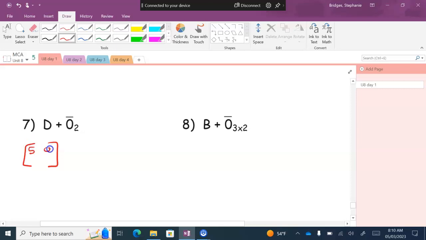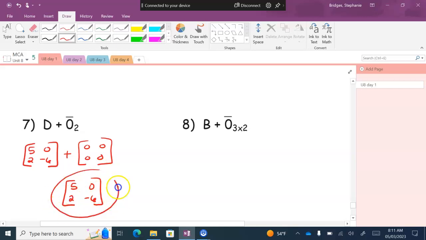D is 5, 0, 2, negative 6. And that's just saying we want to add a 0 matrix with 2 rows of zeros and 2 columns of zeros. They are the same size, so they can add together. And if I add 0 to anything, does it change it? No. So the answer is going to be exactly like D, 5, 0, 2, negative 6.